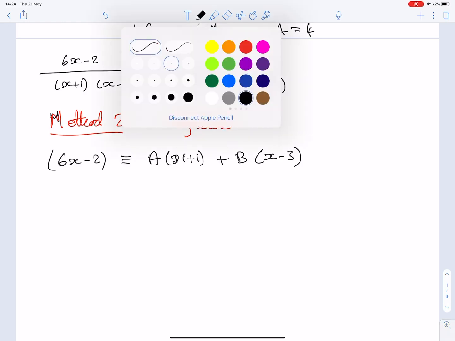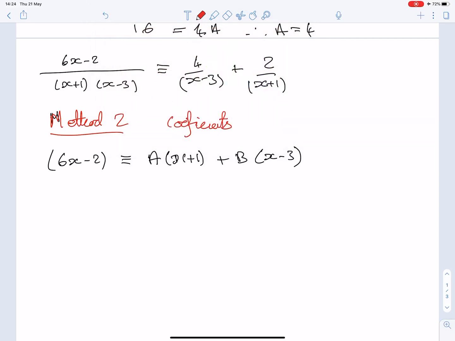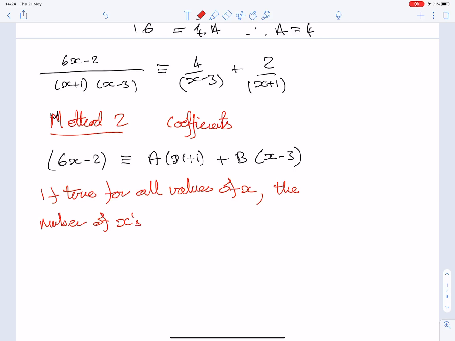Now, here the logic goes, if true for all values of x, the number of x's, x squared, units, etc., must be the same.